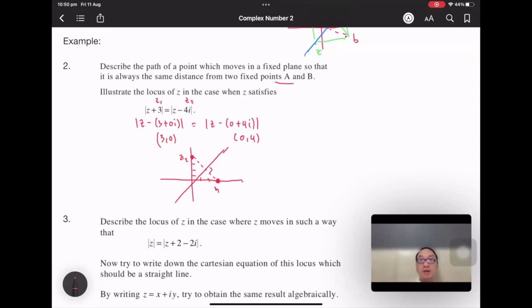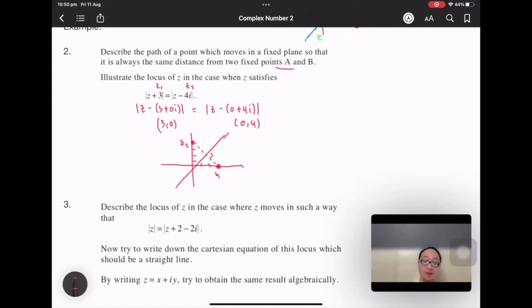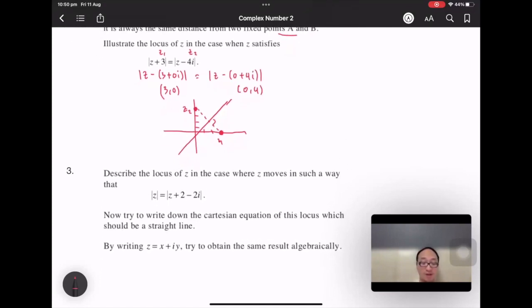In the calculation, we may need to calculate the gradient of the line so we can draw it accurately using the equation of the line, using algebra. But for the sketch, we can just sketch it inaccurately, just showing the trend that the line will be the perpendicular bisector. Bisector means it will pass through the midpoint.